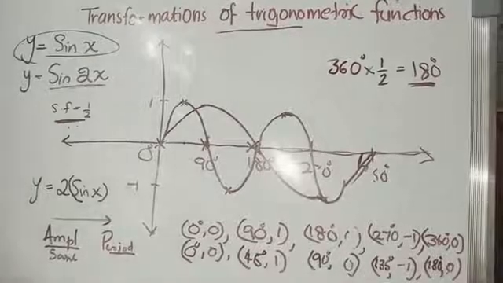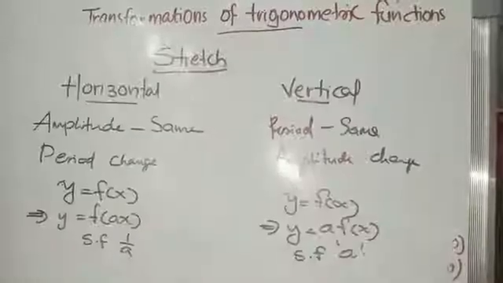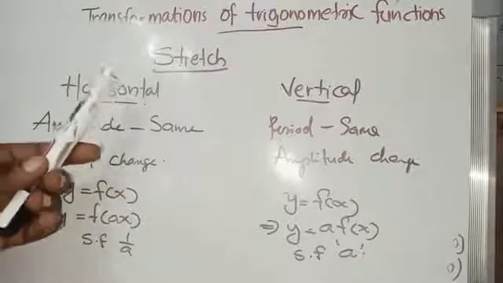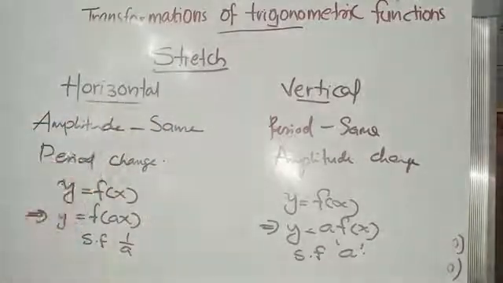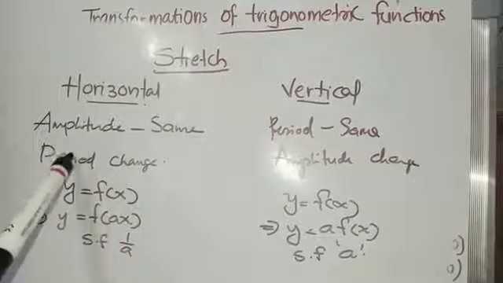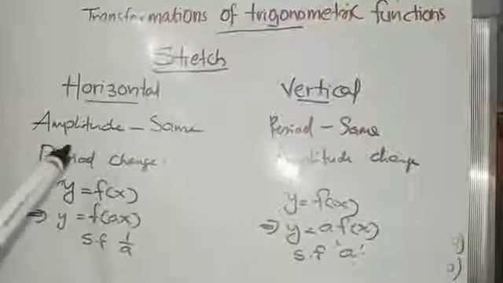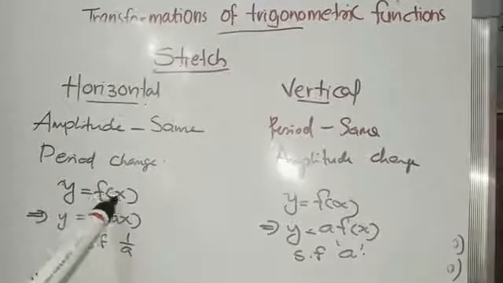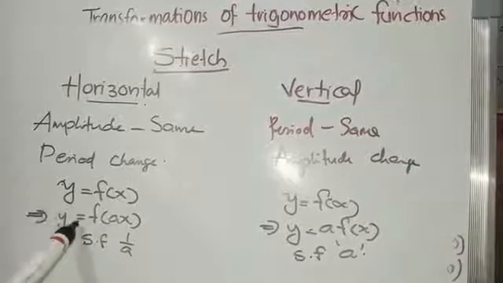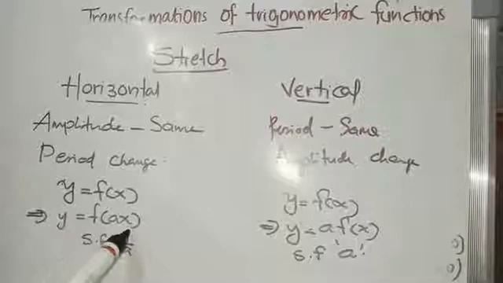So what are the changes you need to identify in stretch? There are two types of stretch: one is horizontal stretch and the other is vertical stretch. In horizontal stretch, amplitude remains the same and the change happens to the period, that means the first coordinate. y is equal to f of x changes to y is equal to f of ax with a stretch factor 1 by a.